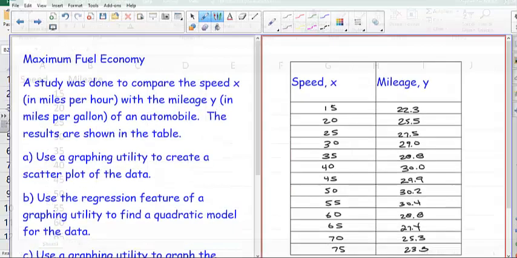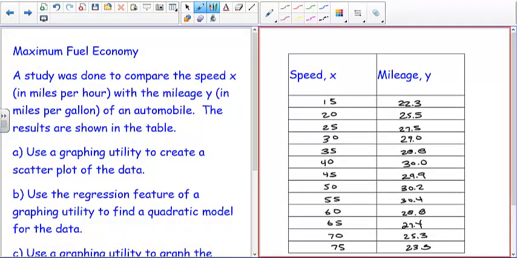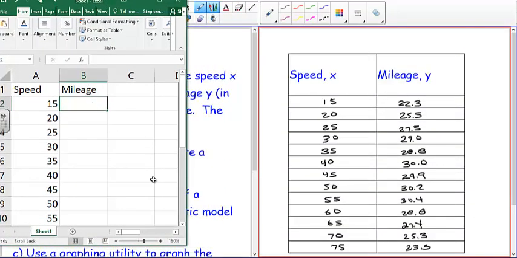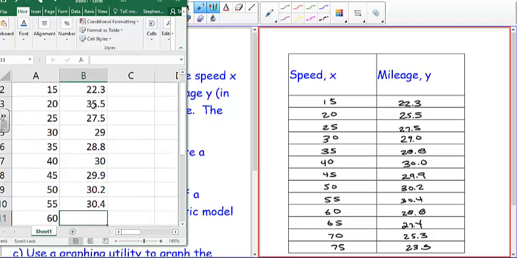Next we're going to put the numbers in. I'm going to try to arrange these so I can see them both at the same time, so I don't have to keep switching between the screens. So 22.3, 25.5, 27, 27.5, 29, 28.8, 30, 29.9, 30.2, 30.4, 28.8, 27.4, 25.3, 23.3.